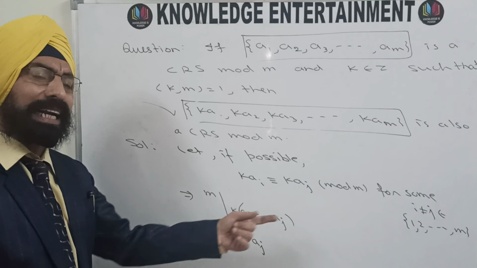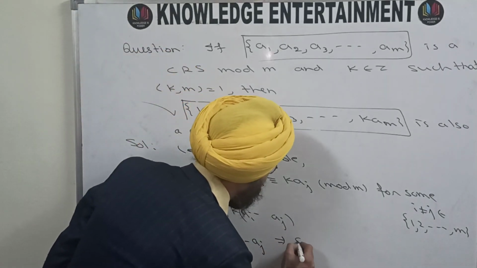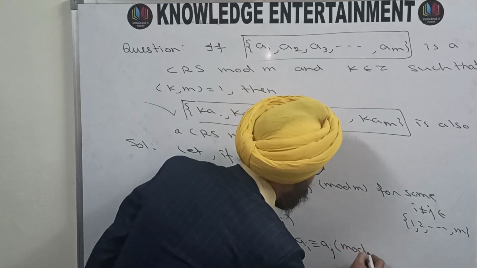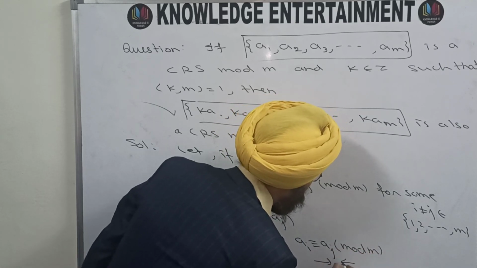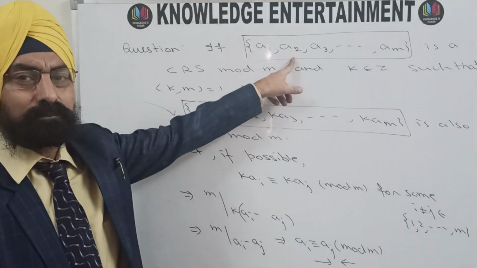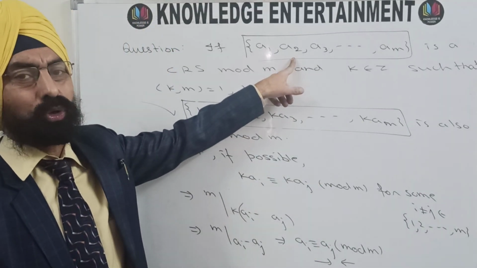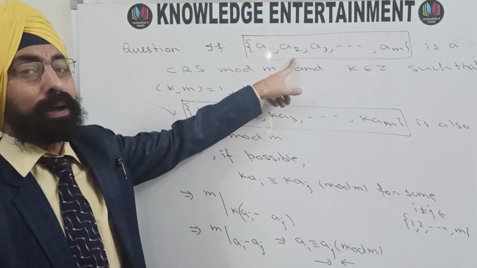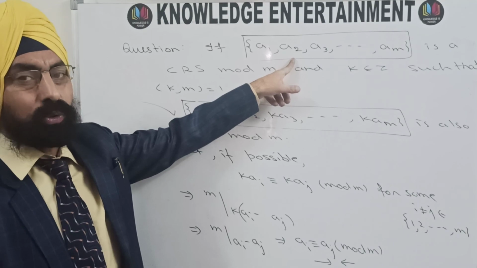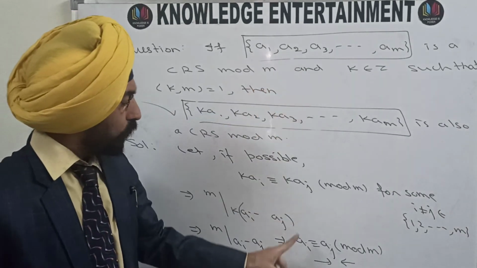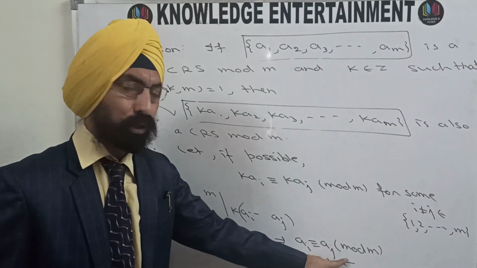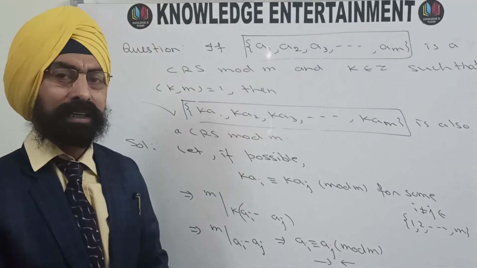And once again write it in the congruence form. You will get AI is congruent to AJ modulo M, which is a contradiction. Why? Because AI and AJ are members of this set, and this is a complete residue system modulo M. No two members of a complete residue system modulo M can be congruent to each other modulo M. So how can AI and AJ be congruent to each other modulo M? This is not possible. So we arrive at a contradiction. And why is there this contradiction?